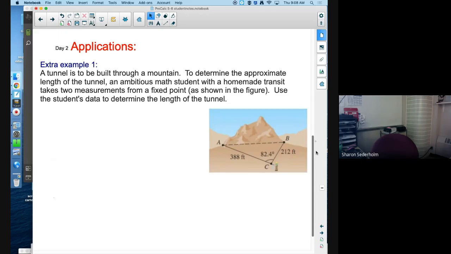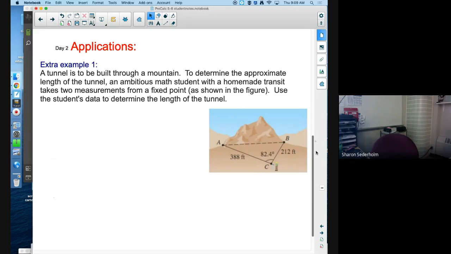Reminder, a transit is what surveyors use to figure out the angles and where they need to go with roads and bridges and such. So use the student's data to determine the length of the tunnel. That's why I said this one is not necessarily a word problem because there's a picture over here with it. How nice of them, because that clears up everything for us.